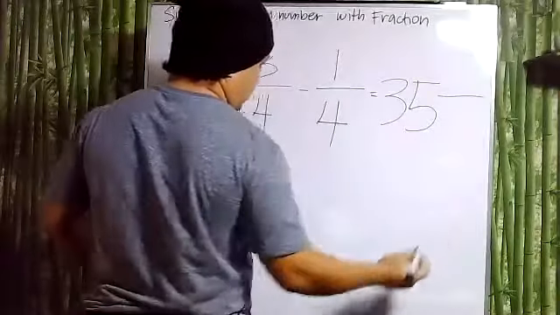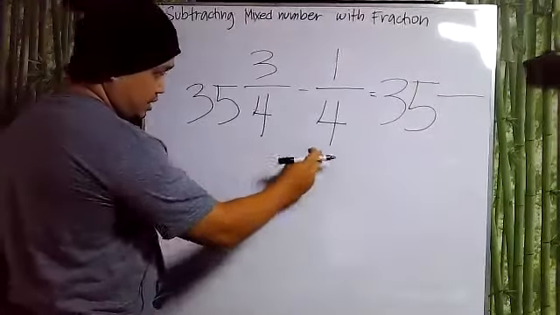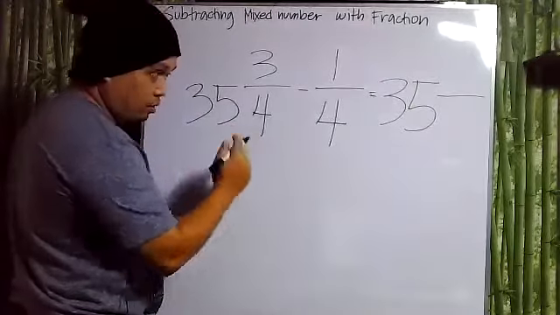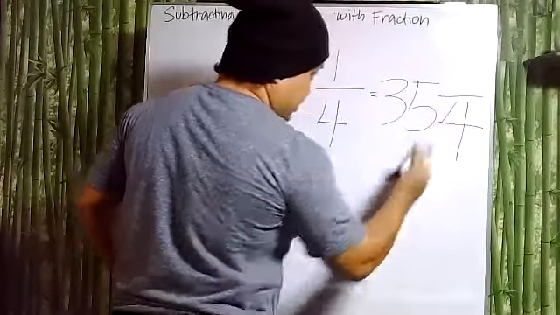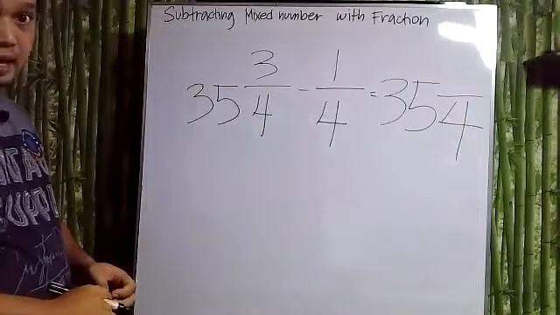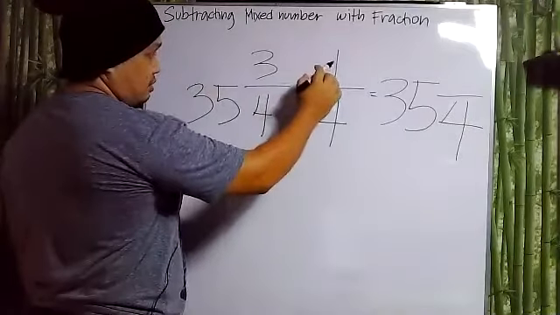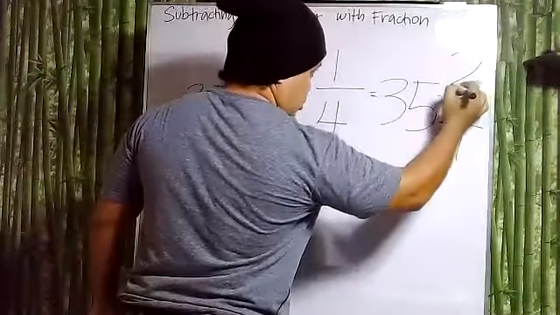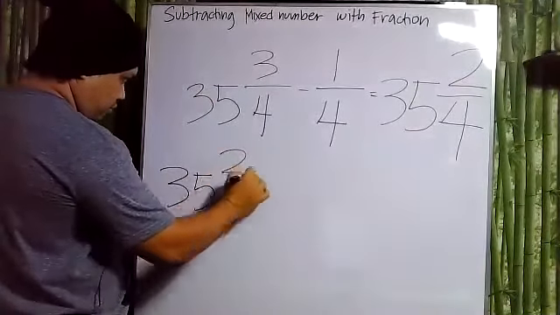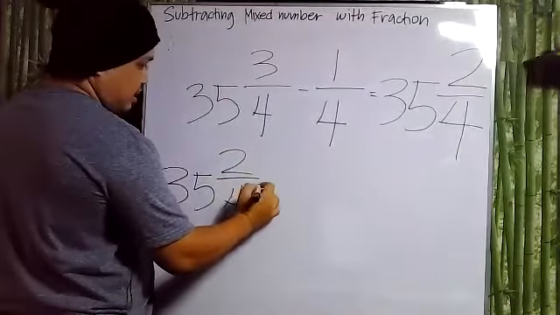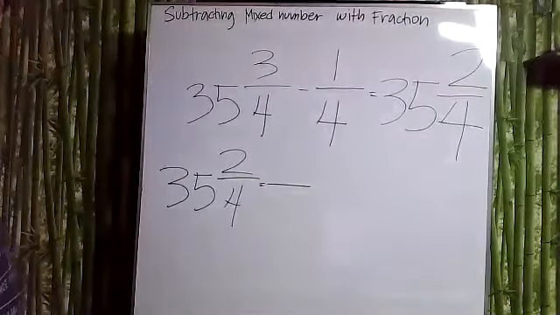Now, subtracting similar fraction, the same process, just copy their denominator, which is 4. So for our answer here, our denominator is 4, and subtract their numerator, which is 3 minus 1, and that is 2. So we have 35 and 2/4 for our answer, and every answer must be in their lowest term or in their proper form.